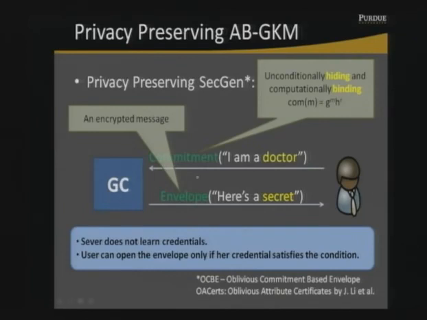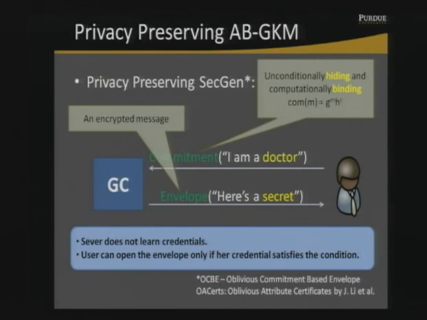And then they execute some zero-knowledge protocols, and at the end of the protocol, the group controller sends an encrypted value, which we call an envelope, to the user. This protocol ensures that the group controller does not learn the credentials of the user, but at the same time, the user can decrypt that envelope and get the secret only if his credentials are satisfied.